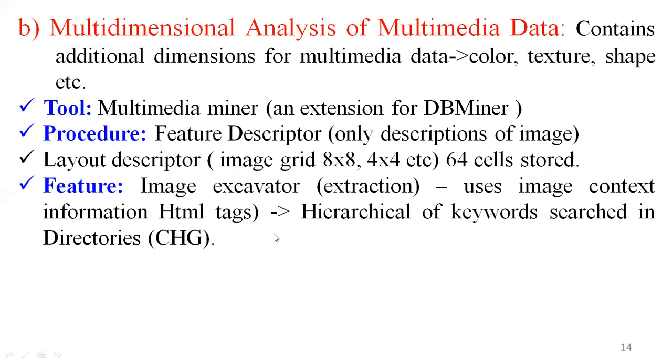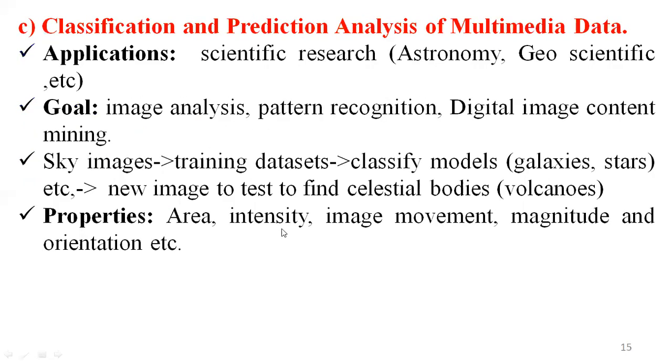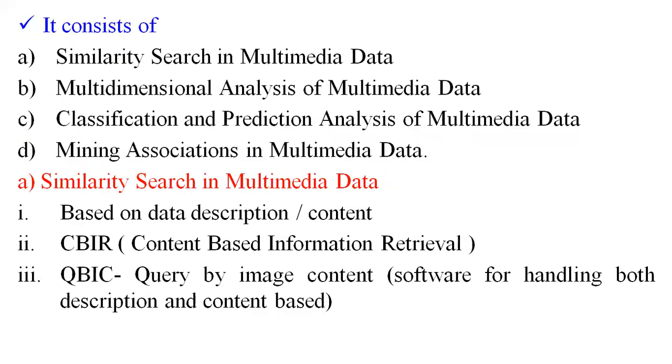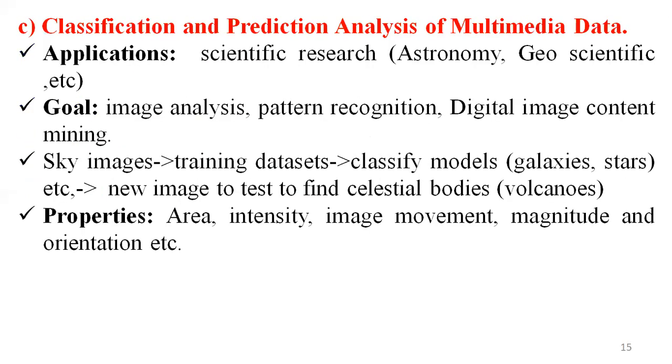And then come to the next important topic here, which is classification and prediction. That means the third important one: the first, similarity search, you completed; multi-dimensional analysis of the multimedia data; and the classification and prediction analysis of the multimedia data. Here, what is classification?